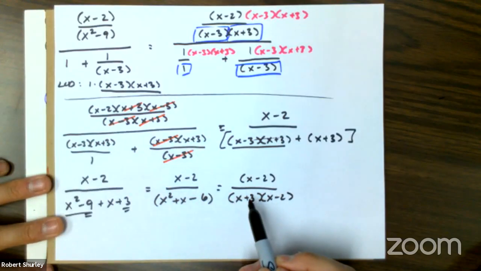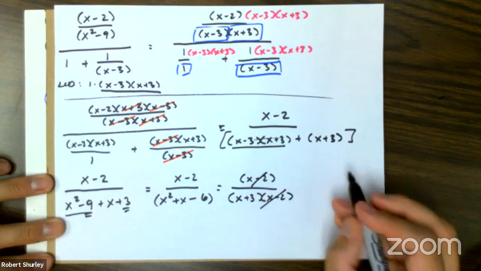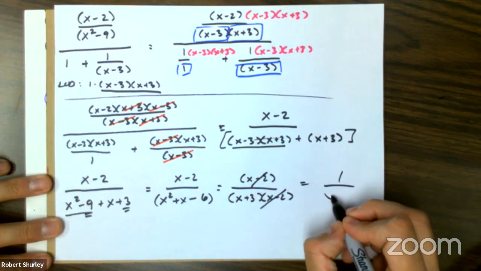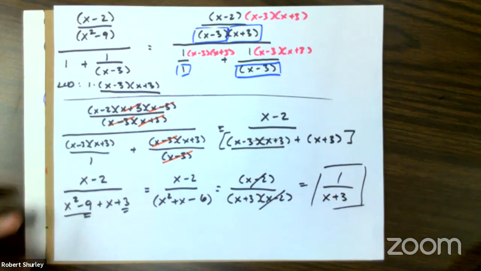And then we have 3 times negative 2 is negative 6. And then if you add 3 minus 2, you get the positive 1. And so look, these cancel. And now we are finally at our final answer. Now, this is like the last question. Okay, guys, so don't get too freaked out. It's the last question in the homework.